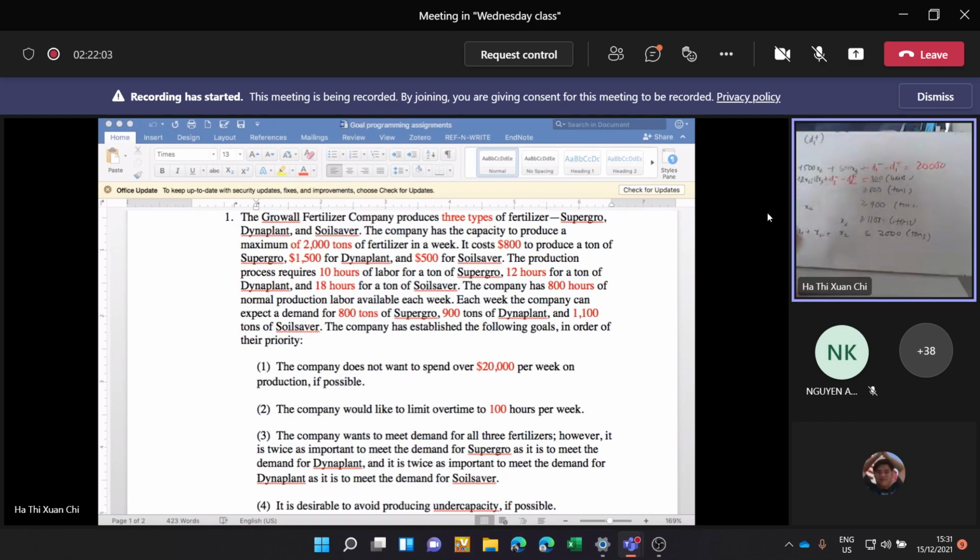Okay, for this case, the constraint looks like this: D2 plus, plus D3 minus D3 plus, equal to 1.